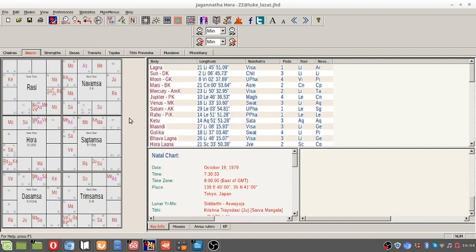Also another way to see this is that the final dispositor is Venus. Mars is in a moon house, moon is in the Mercury house, Mercury is in the Venus house. Saturn is in the Sun house, Sun is in the Venus house.